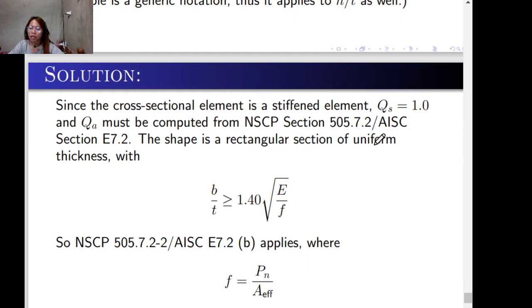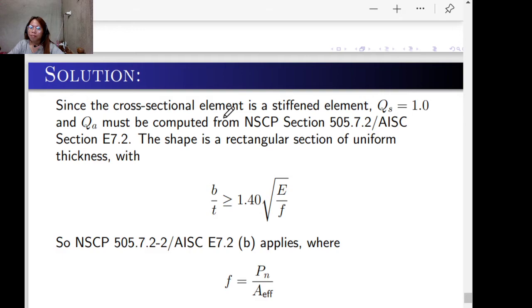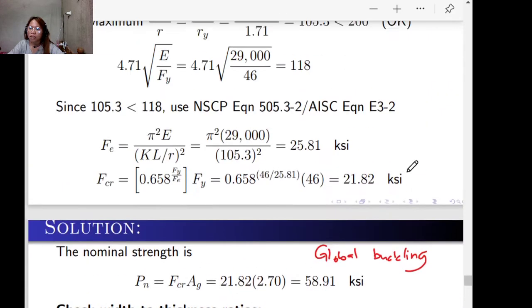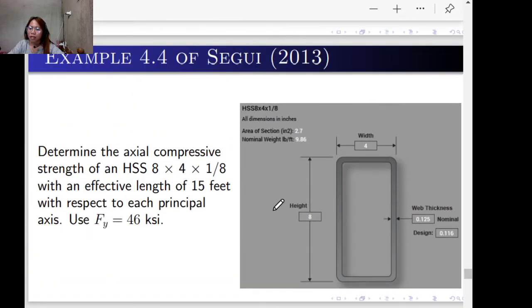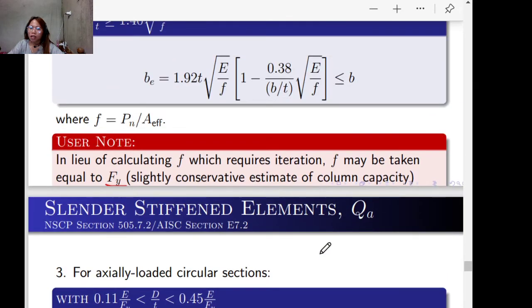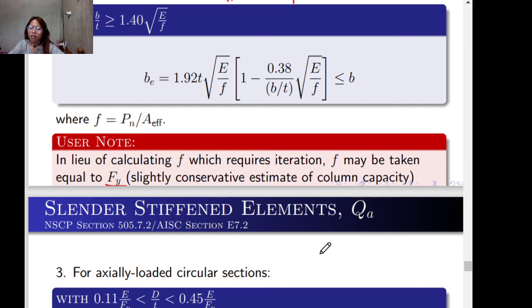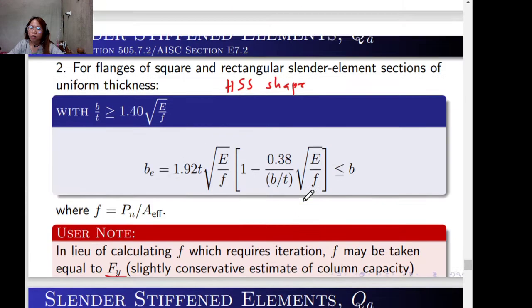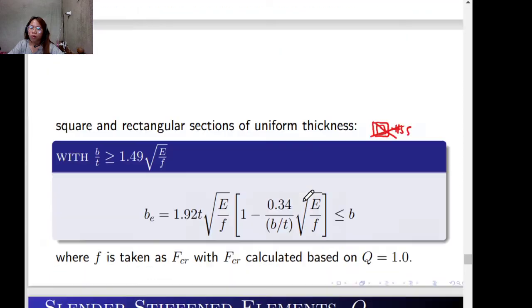The shape is a rectangular section of uniform thickness. Since this element is stiffened, di ba? Meaning the Q sub S is equal to 1, and the Q sub A we have to compute.